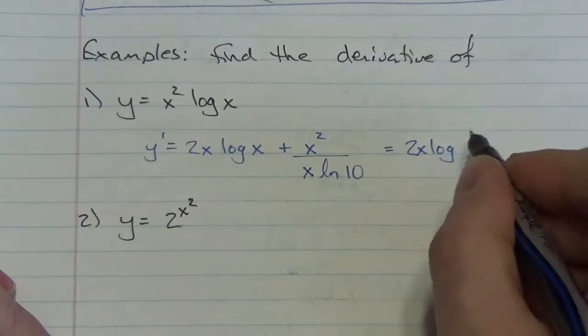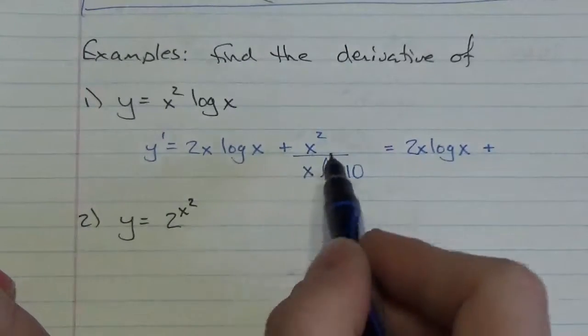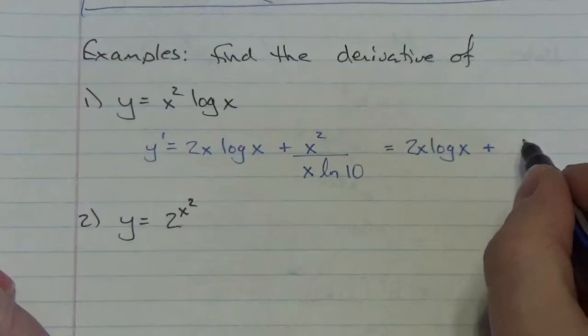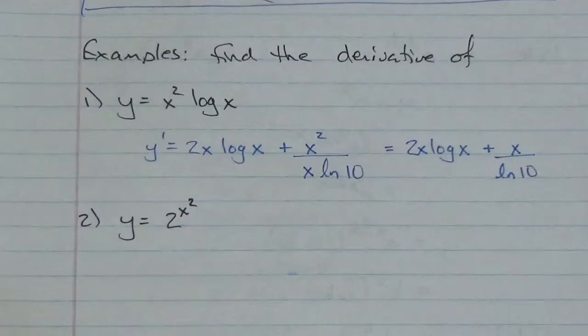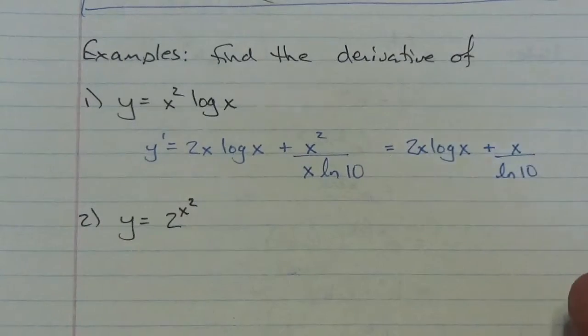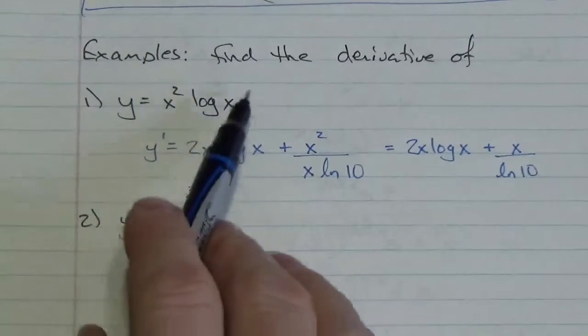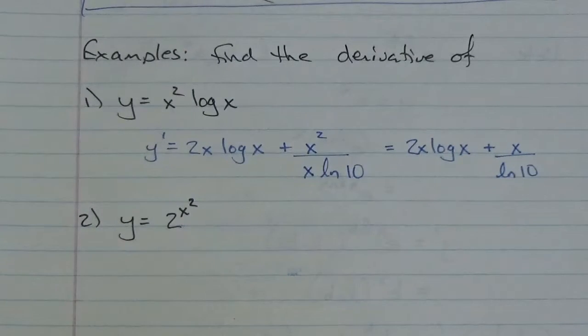So you can write that as 2x log of x plus, here though, you might cancel out the common value of x, so this becomes x over the natural log of 10. It's probably about as good as it's going to get here. Now, again, bear in mind here that I can cancel out those x's so long as x doesn't equal 0, but that's already an implied restriction on the domain because of the log of that variable x there.